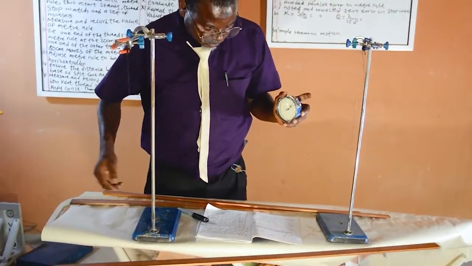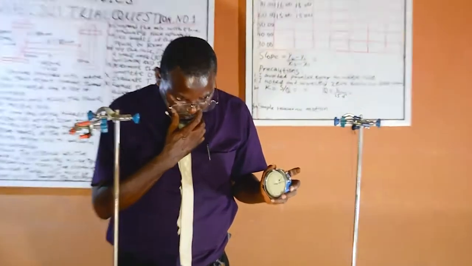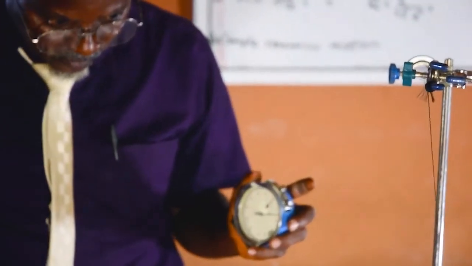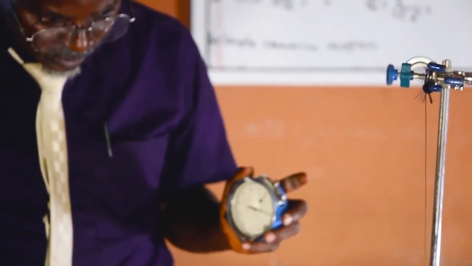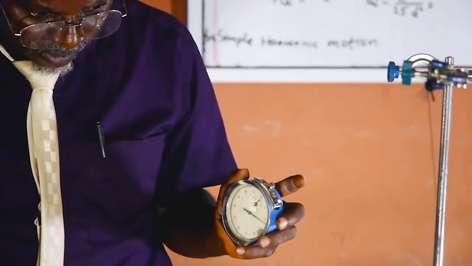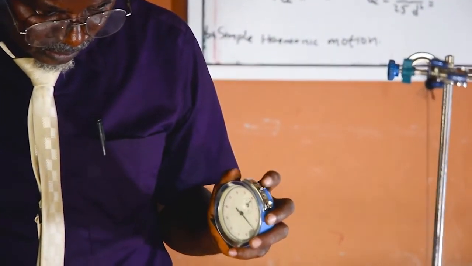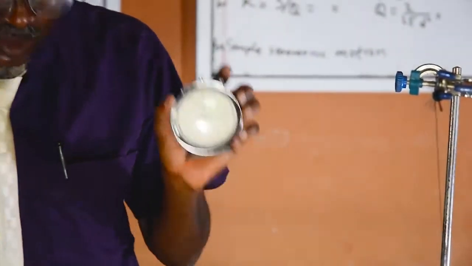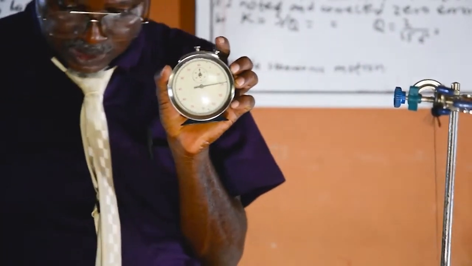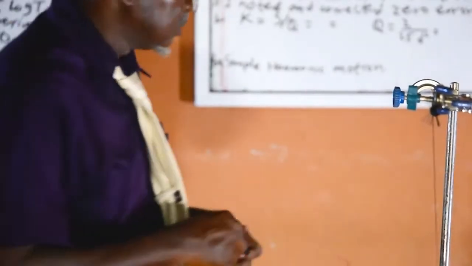1, 2, 3, 4, 5, 6, 7, 8, 9, 10. This is 14 seconds for a length of 50 centimeter.